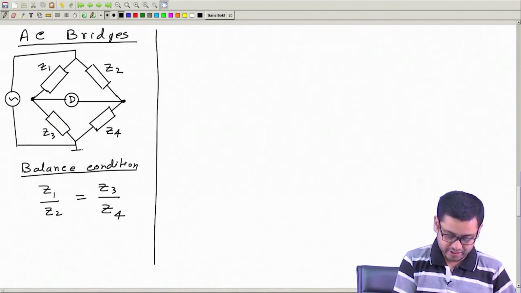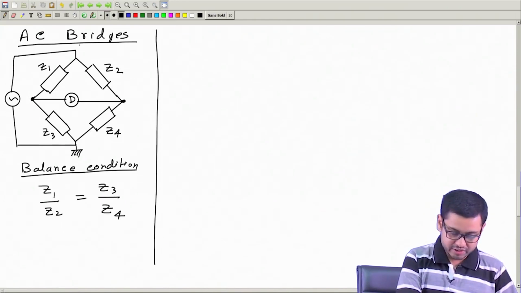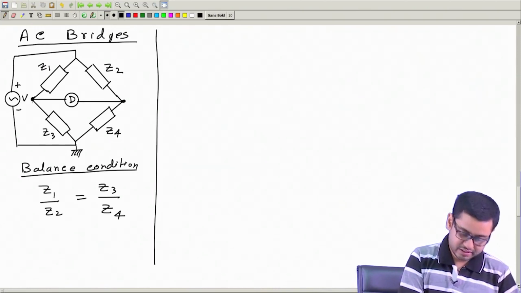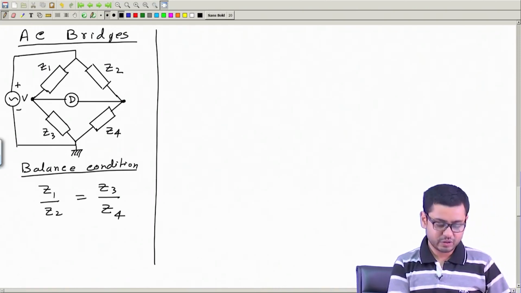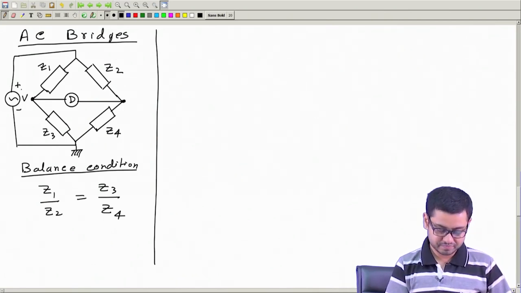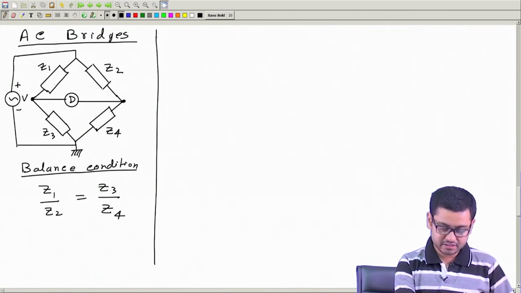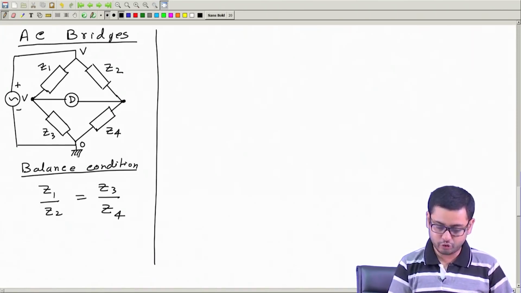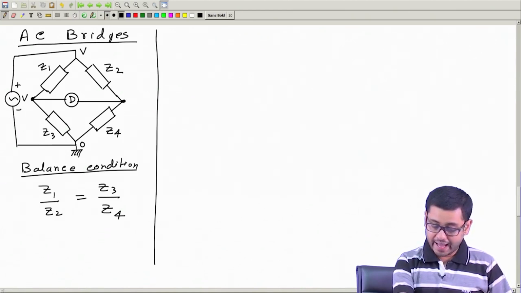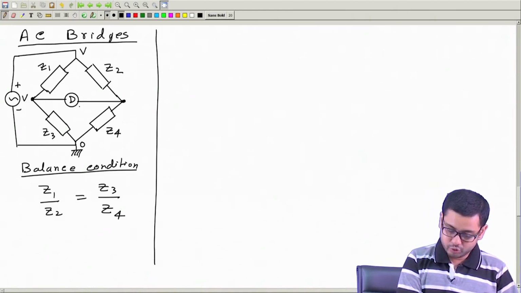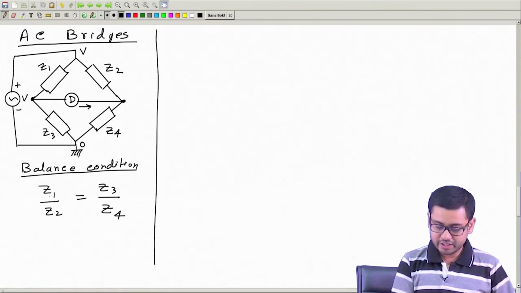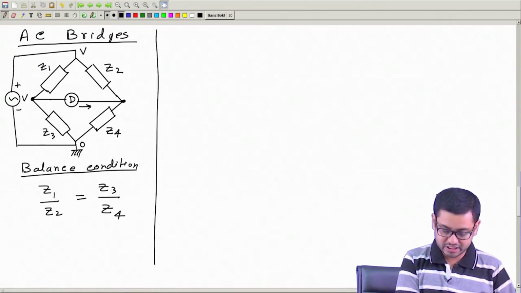Let us take this point as reference, and call this voltage V. Now, V is a phasor, and this voltage will also be V, because this is the reference 0 volt. Therefore, at balance, no current is flowing through the detector, so no current goes out or in from here.